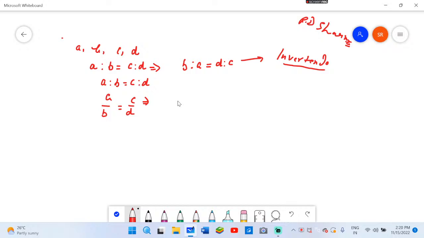We take reciprocal: 1 upon A upon B is 1 upon C by D. That gives me B upon A is equal to D upon C, which I can write safely as B is to A is equal to D is to C. This is the proof for this first property, which we call invertendo.